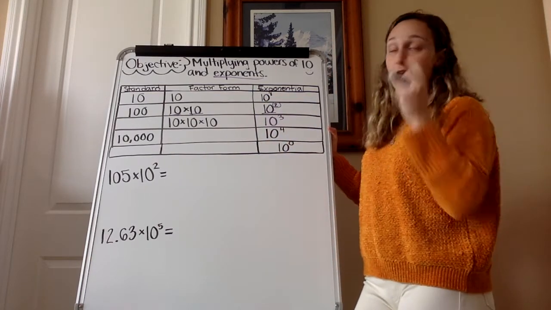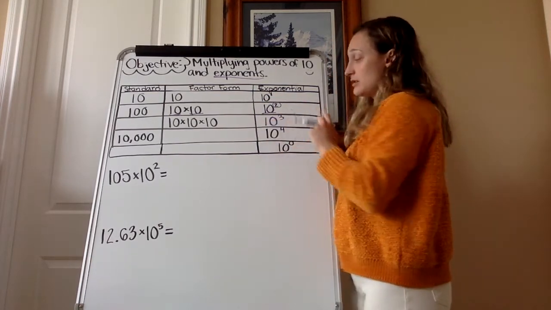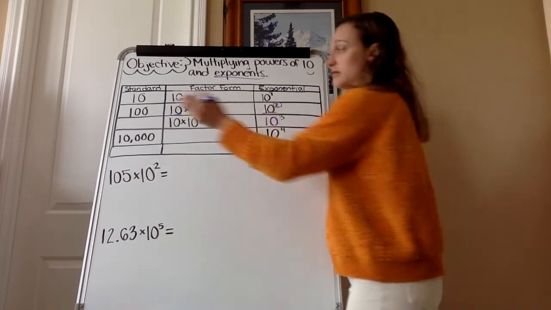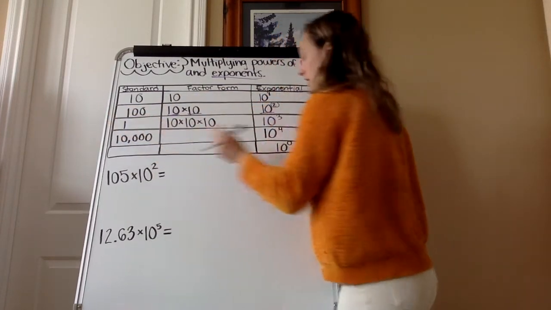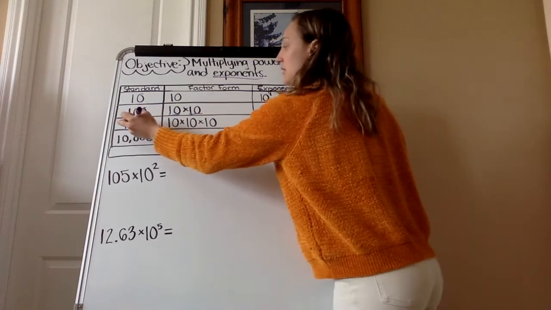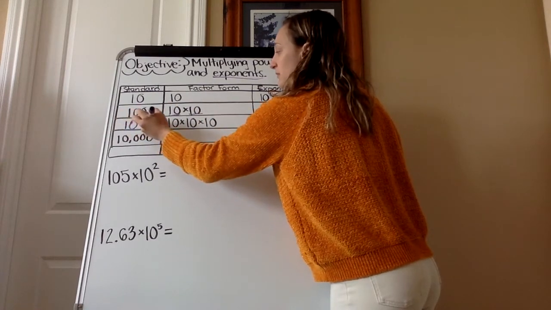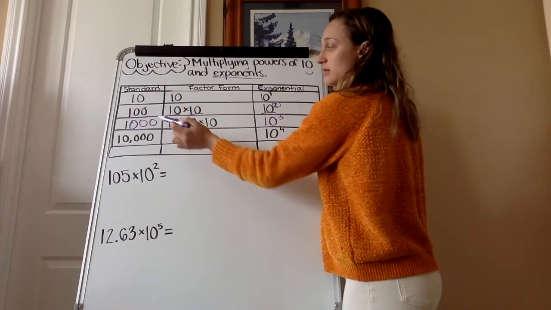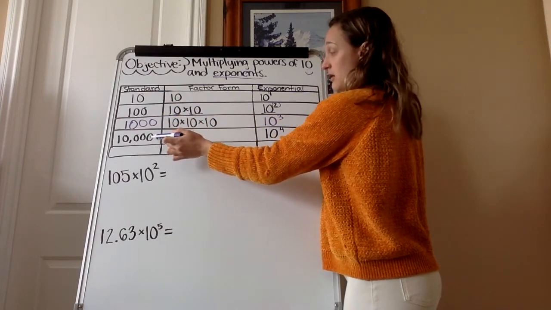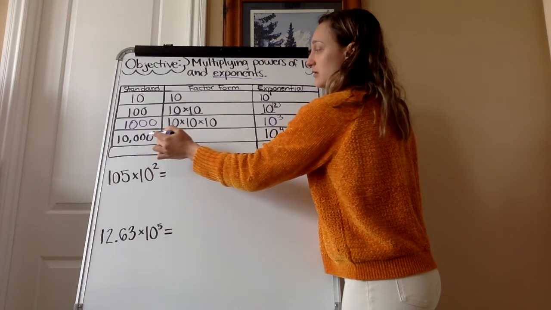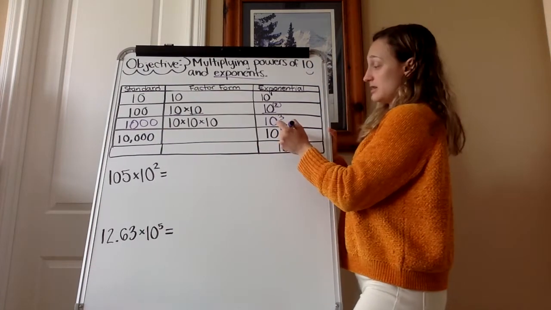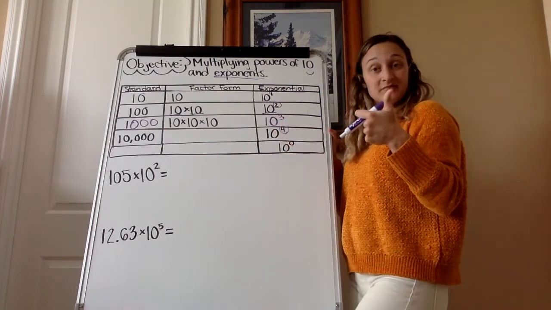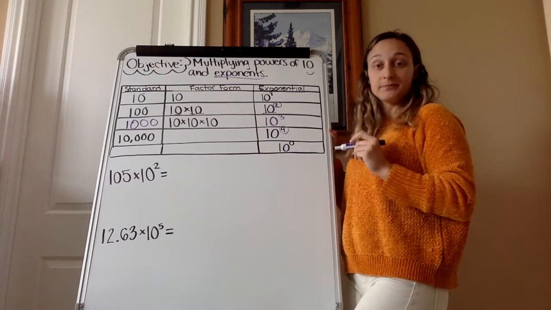Now, if we go based off my little trick, I need to write my 1 and 3 zeros. 1, 2, 3. So if I follow this pattern, I should have 1 zero, 2 zeros, 3 zeros, 4 zeros. 1, 2, 3, 4. Does that match the exponent? It does. 10 to the fourth power.